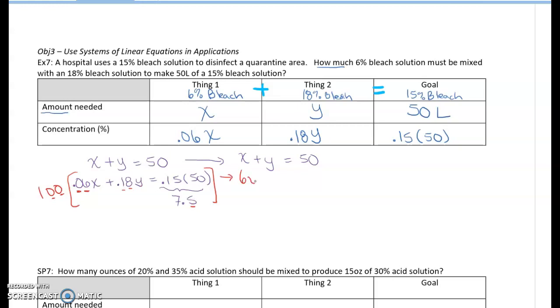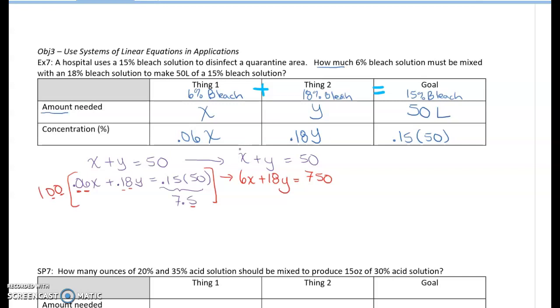So here we're now going to have 6x plus 18y equals 750, which is much easier to work with than the decimals. From this point, you can use substitution or elimination. So I can move the y over or move the x over and use substitution. I can multiply by a number to make the additive inverse, and then I can go from there. So it's totally up to you.